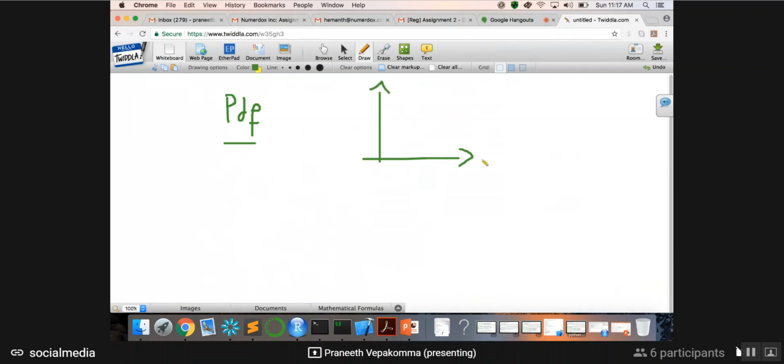If your x-axis was your random variable that takes different values, and your y-axis was the probability density function, which is represented by small f, f of x is what this is. This is always going to be between 0 and 1, so you have a probability on your y-axis. And so if your random variable was 5, then what is the probability of it being 5 is what your y-axis is telling you. That's the probability density function.